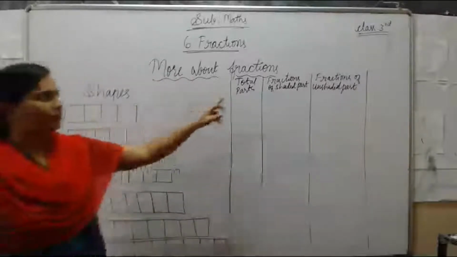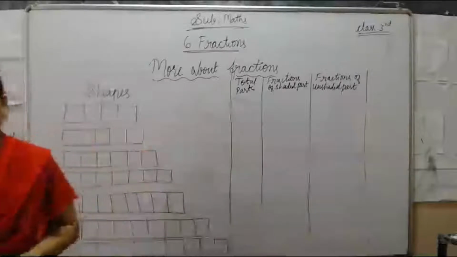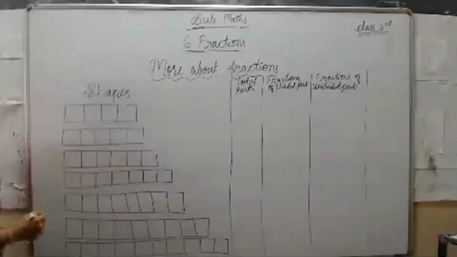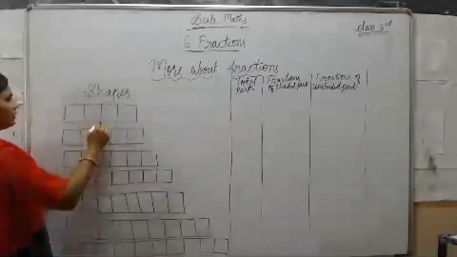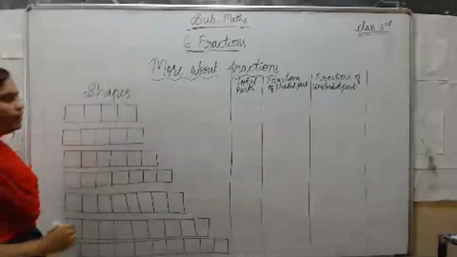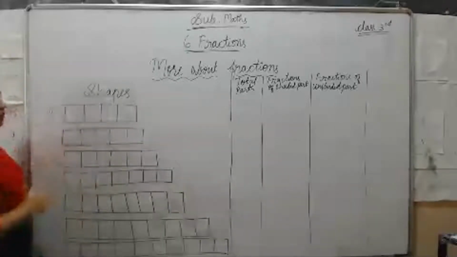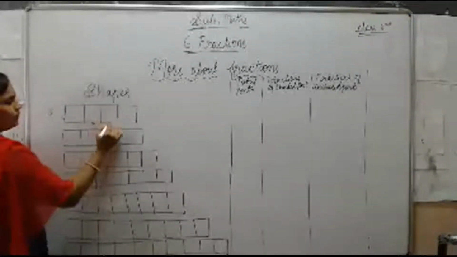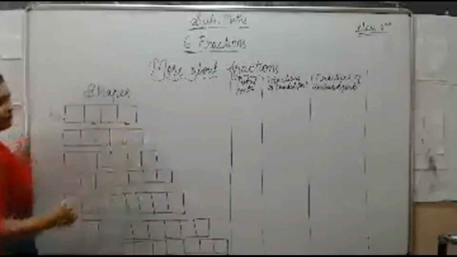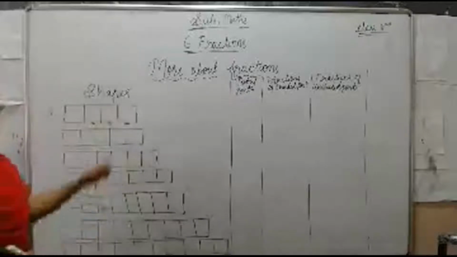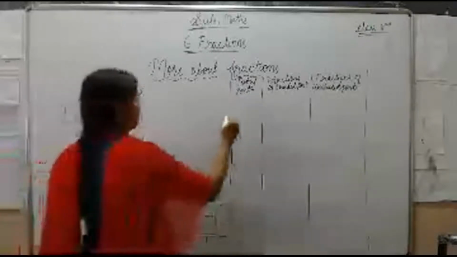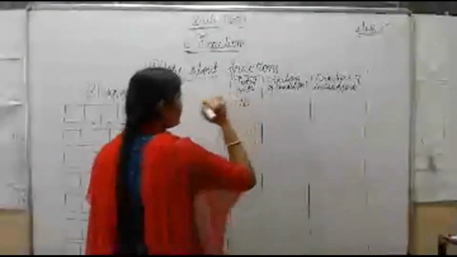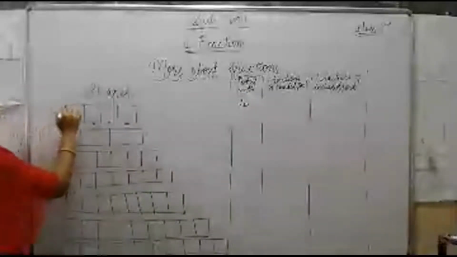Next one, fractions of shaded part. Let's count the total number of parts in this first shape. How many parts are there? 1, 2, 3, 4. There are 4 parts in the first shape. For this, I am shading this part only.